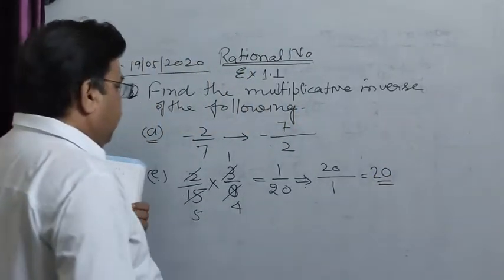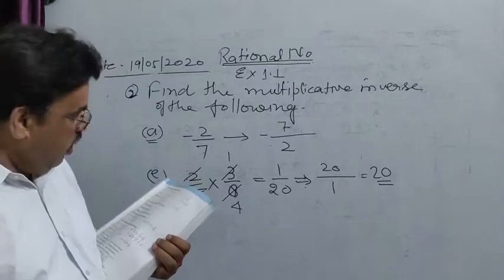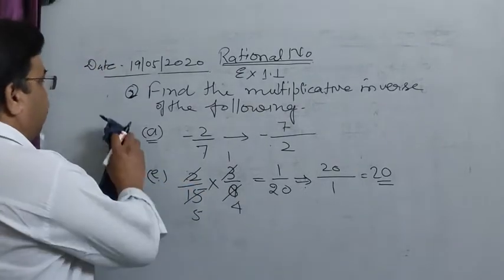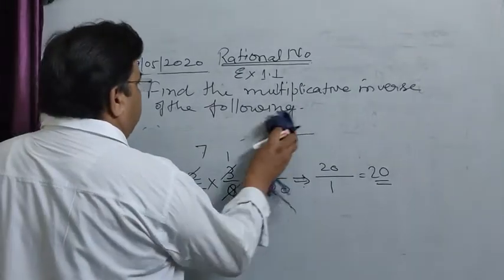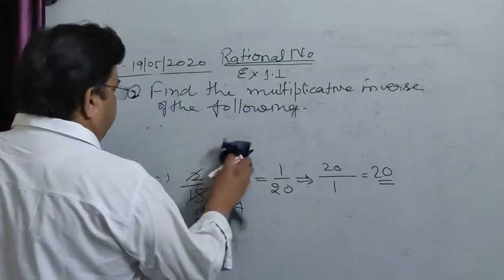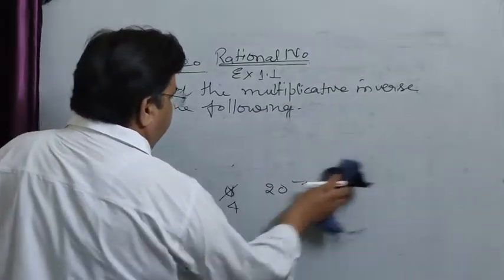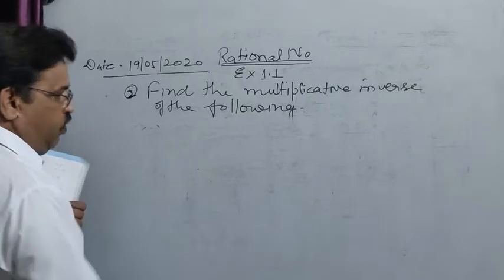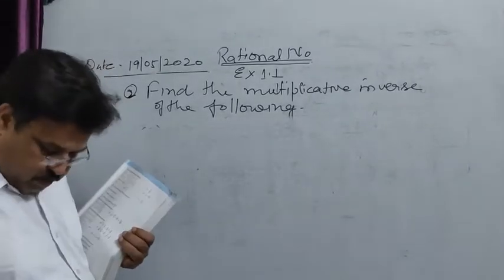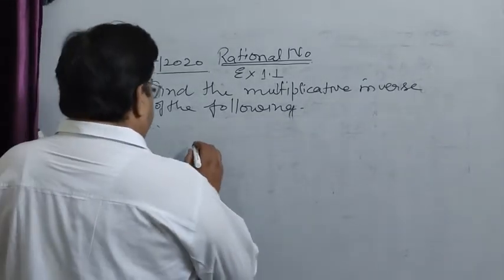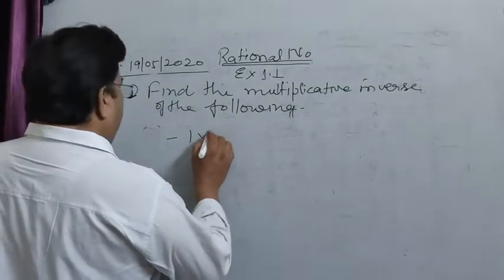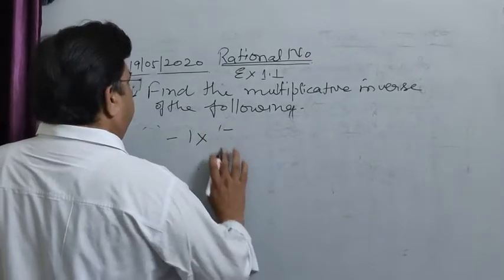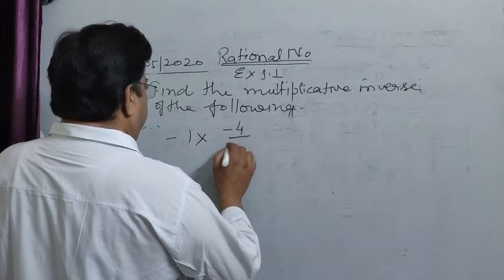And the third part of the second question, -1 into minus 4/-7.